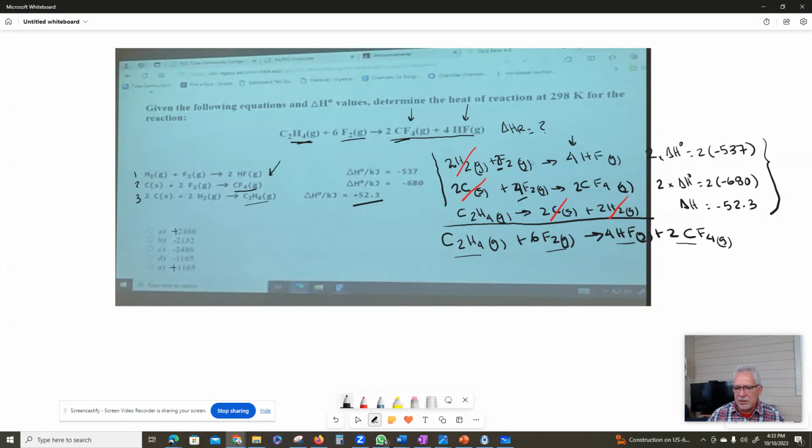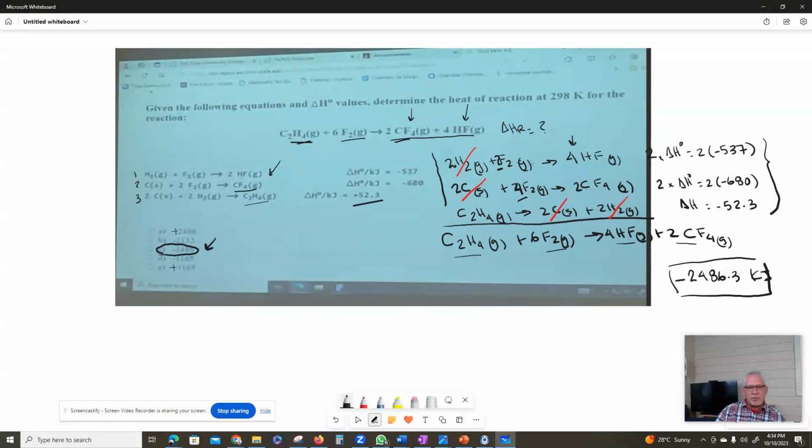And when I do all this calculation, my answer was negative 2486.3. And then the unit will be kilojoules. And this answer is matching the one that I have on C. And that was the answer that the student who went to the board got on the problem.